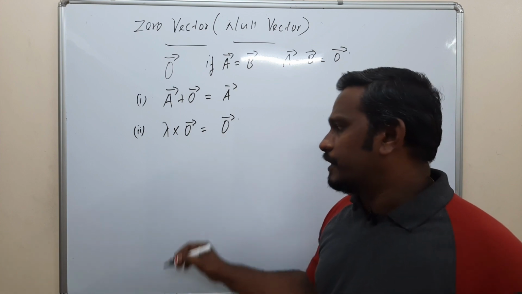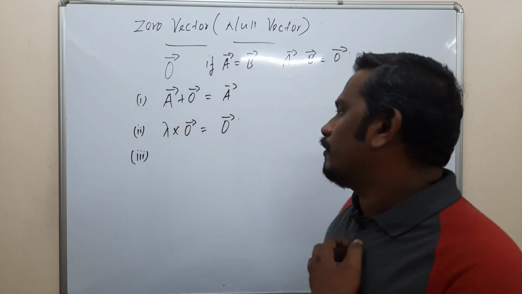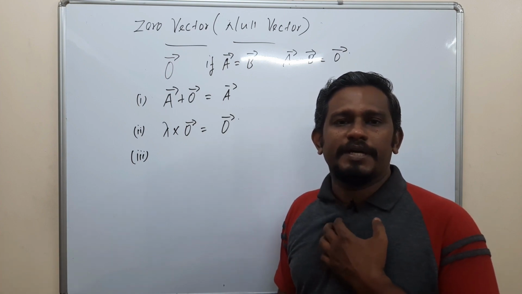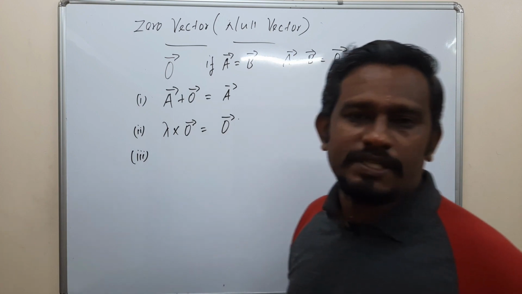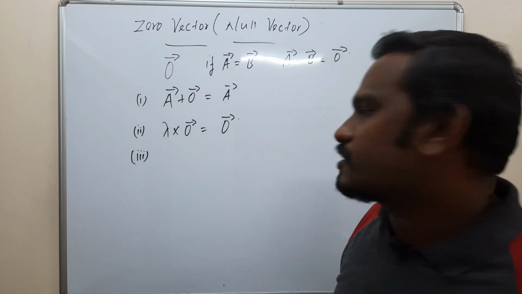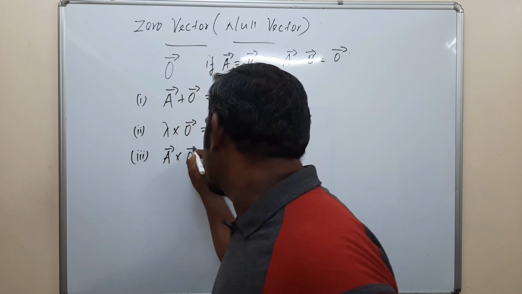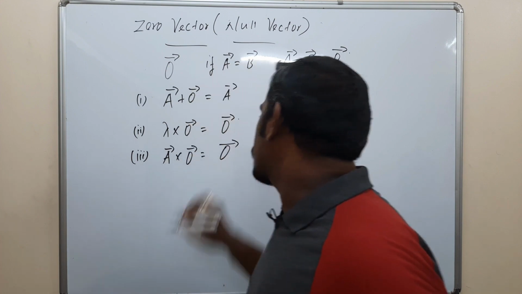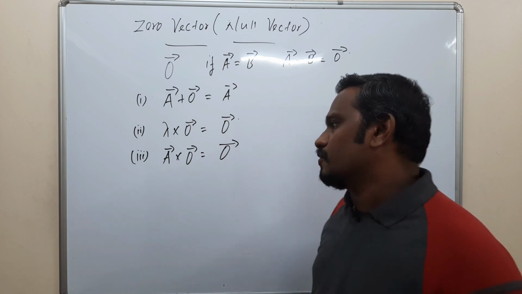Then third property: if a vector is multiplied by zero vector, that is, a vector into zero vector, we will get zero vector.